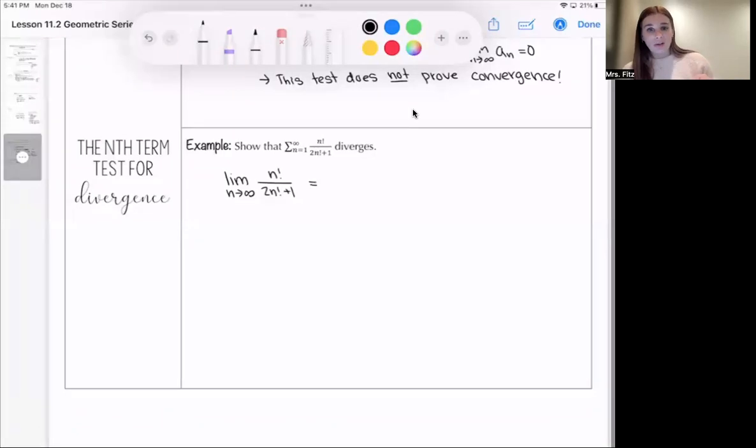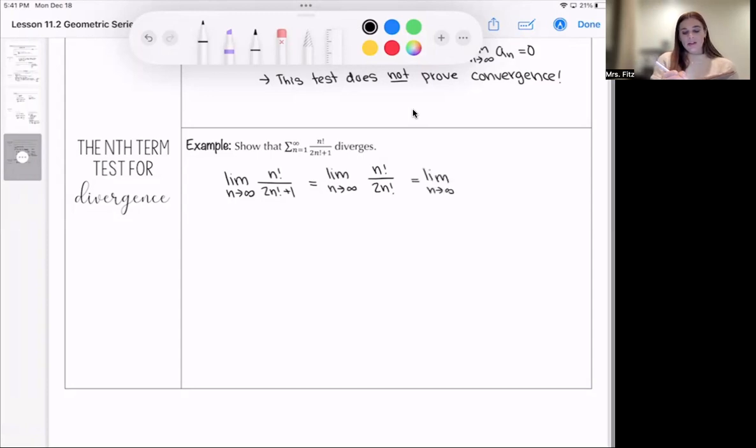That 2n factorial is growing so quickly that the plus 1 is not going to impact the value of this limit. So you could actually write this as the limit as n approaches infinity of n factorial over 2n factorial, which just equals the limit of 1/2, right? Those guys cancel out. Therefore, the limit equals 1/2, which does not equal 0.